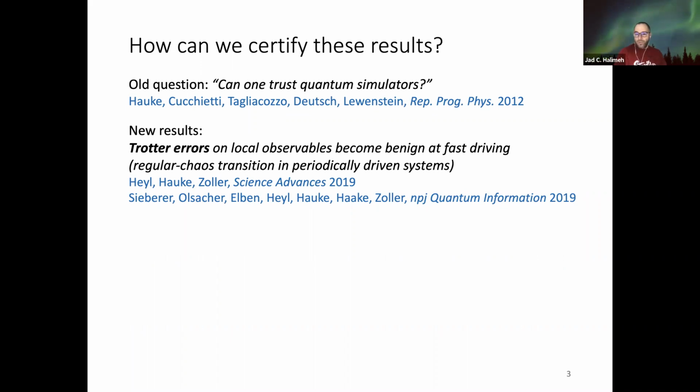Above this upper bound, your long time error will be chaotic in that any small change in the Trotter time step above this upper bound will lead to an uncontrolled change in the error of your local observable. And they likened it in this paper to the phase transition between a localized MBL phase and a quantum chaotic phase. They didn't show this rigorously, but basically they made this connection.